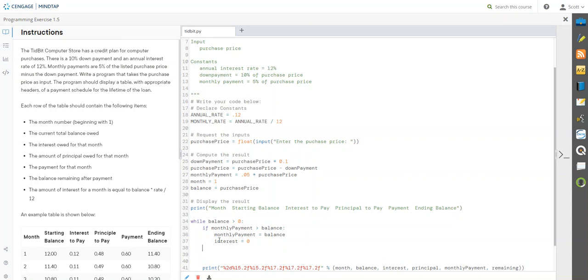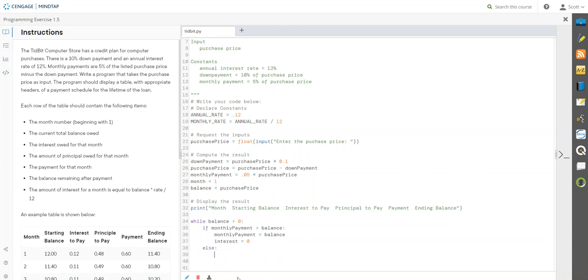Let's say the payment is not greater than the balance. So we got down and our balance is so small that it's bigger than the payment. This section of code deals with the last payment. Any payments before the last payment, we're going to deal with now. Oops, I missed an L. And what are we going to say?